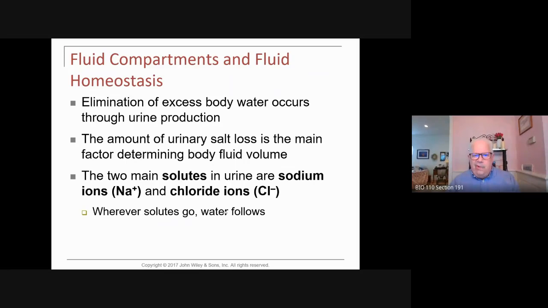You get rid of sodium and you get rid of chloride. Where salt goes, water goes. So the amount of urinary salt is the main factor in determining the elimination of fluids. It maintains your body fluid volume.